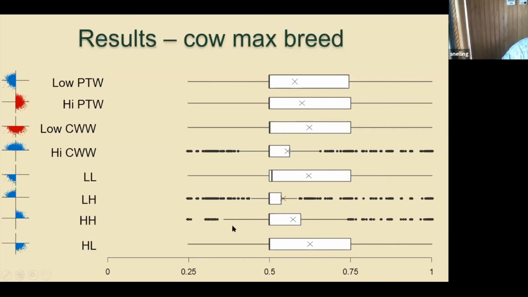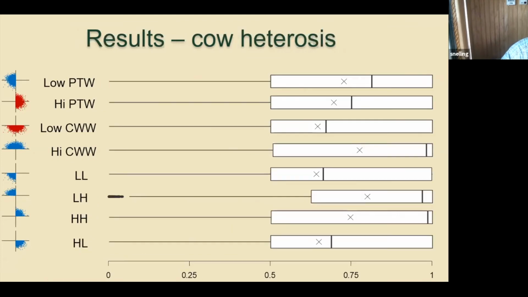And the heterosis for those cows is also quite different. The median heterosis for the high weight weaned is close to F1, where most of the other groups have lower pedigree-based heterosis.